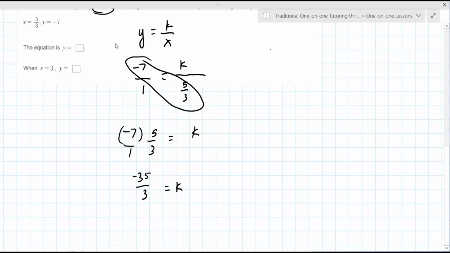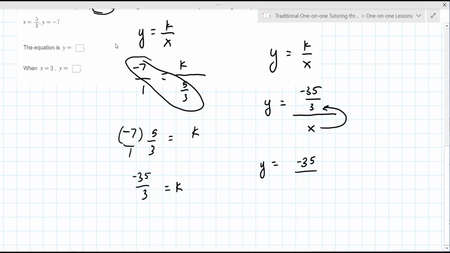So the equation is y equals k over x, and it would be -35 over 3 over x. This is correct, but it doesn't look good. So the simplification here is to move the x up here and write it this way: -35 over 3x. It should accept this. It might have accepted the previous one, but this is the fully correct answer.